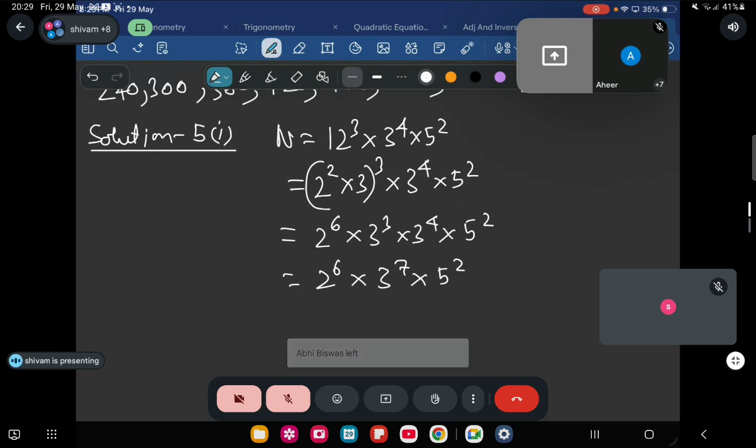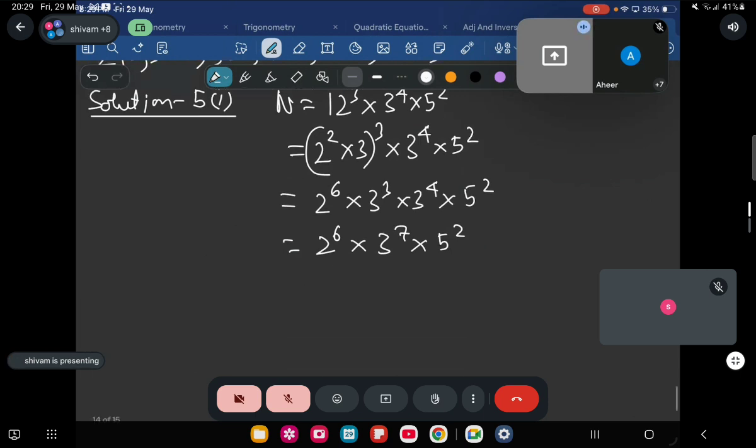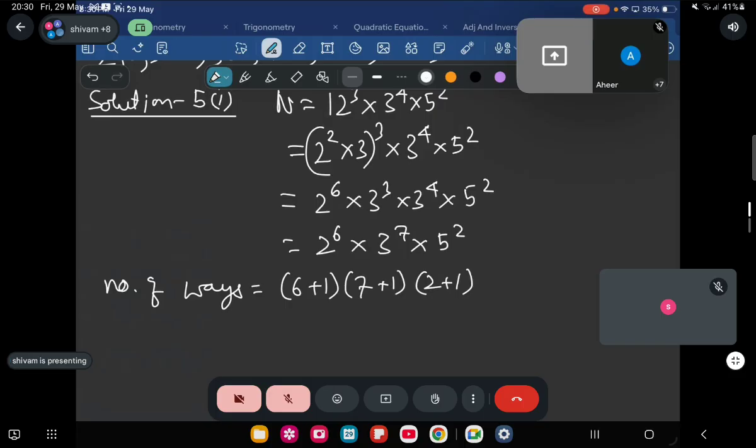Right. So the number of ways will be equal to 6 plus 1 into 7 plus 1 into 2 plus 1. That gives us 7 into 8 into 3, 56 into 3 is 168, right?